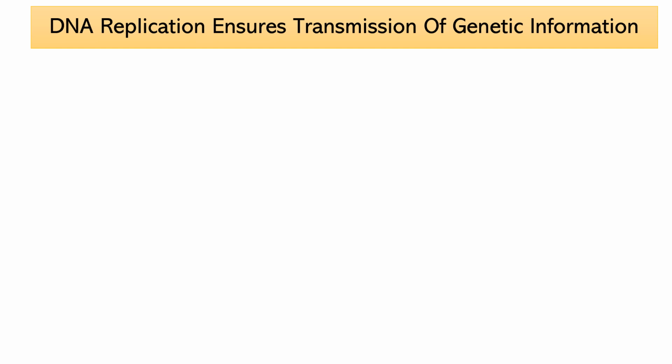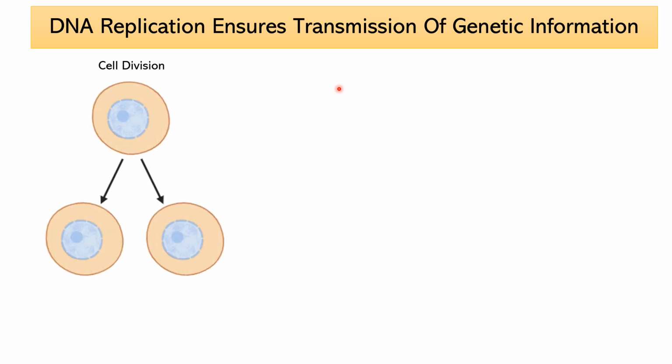Before we get into the process of DNA replication, we need to understand first why it is important. The main importance of DNA replication is that it ensures the transmission of genetic information from one generation to the other. What do I mean by that? When we have a parental cell, it will undergo cell division to produce 2 daughter cells.